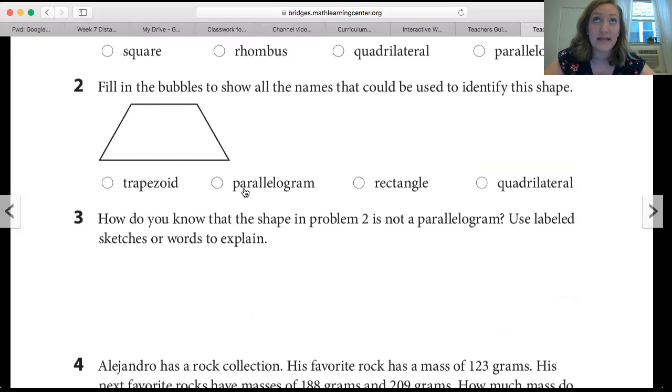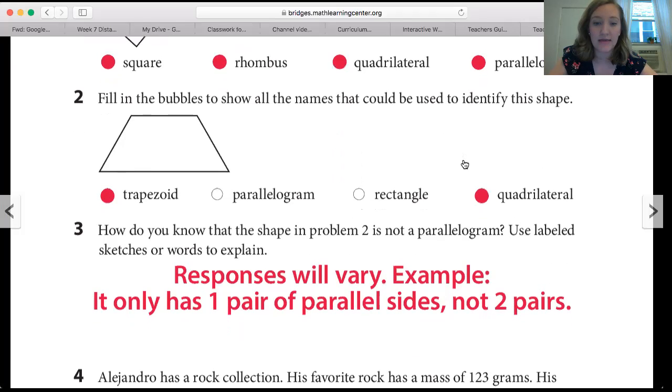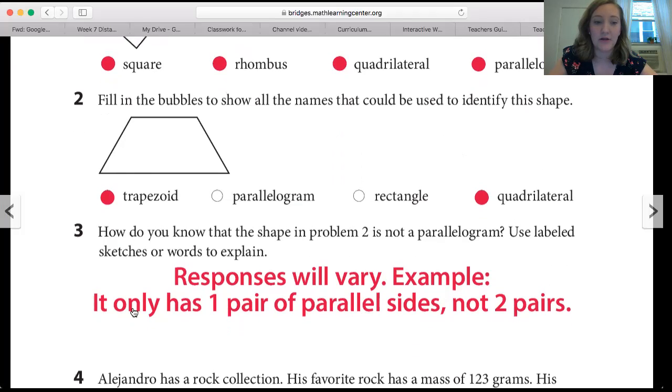You could also say that a parallelogram has to have all of its sides parallel, and this trapezoid only has one set of parallel sides. Okay? So if we look at our answer key, I think it will give us an example here. It only has one pair of parallel sides, not two pairs. So you can write that in. You can pause the video to give yourself time to write that in.